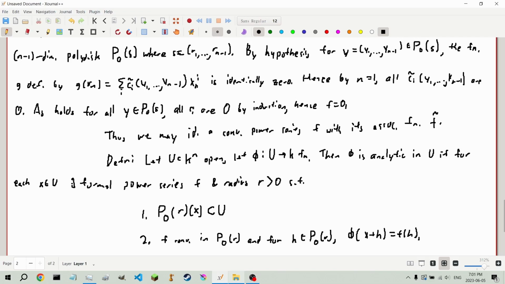So essentially we can find a power series converging with a positive radius at every point in our domain for this open range.